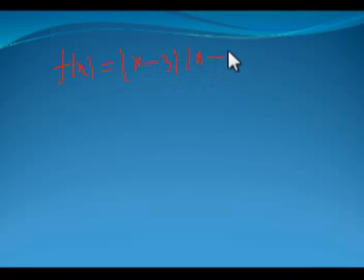Solving this, if we solve it, we will get x squared minus 3x minus 4x plus 3. Now we have to find out the maximum and minimum.